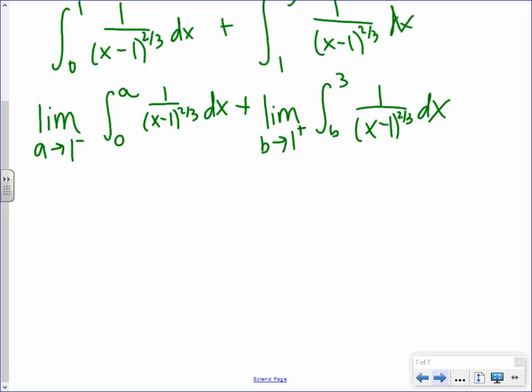What is the antiderivative of 1 over x minus 1 to the 2/3? Okay. x minus 1 to the 1/3 divided by 1/3, right? So the limit as a approaches 1.